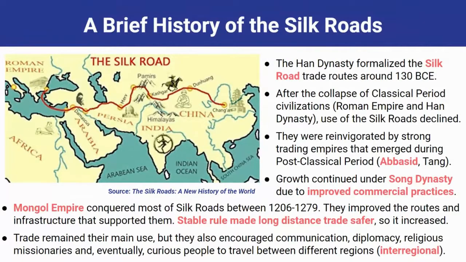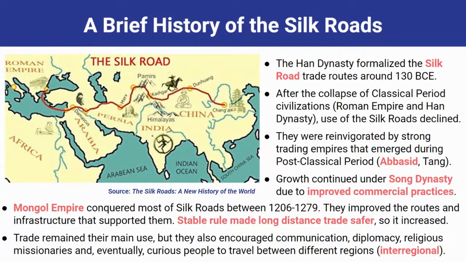But the key takeaways or highlights are this: the Han Dynasty is really responsible for formalizing the Silk Roads. They did that around 130 BCE, but remember, at least on the western end, they're really just connecting into the Persian royal road system, which was older, created under the old Persian Empire under Cyrus and Darius.